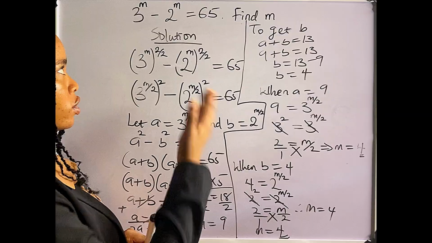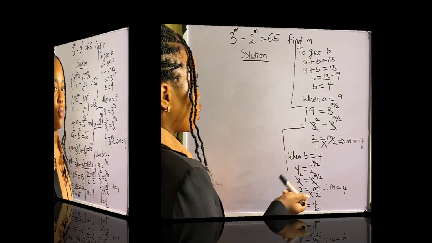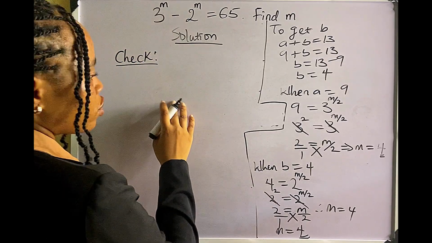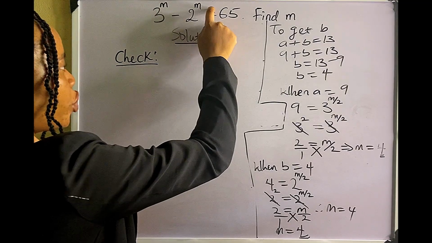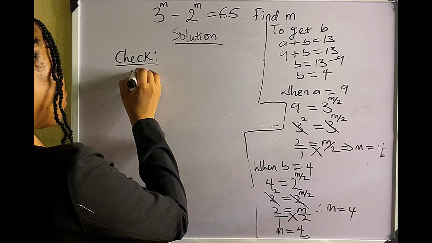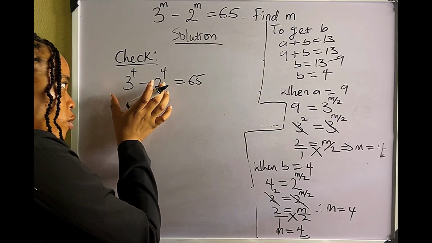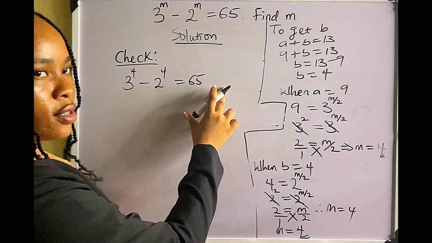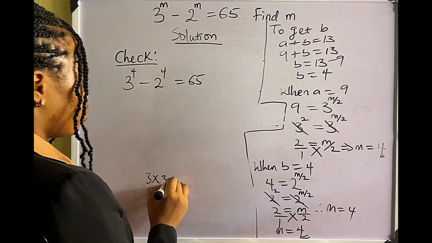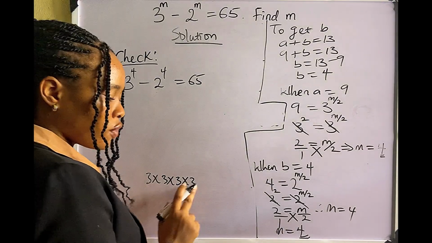Now we can also check this. So let's put it back into the equation and check our results. Anywhere we see m in the equation, we replace it with 4. So we have 3 raised to the power of 4 minus 2 raised to the power of 4 equals 65. So let's see if what we have here equals 65. 3 raised to the power of 4 is 3 times 3 times 3 times 3. 3 times 3 is 9, 9 times 3 is 27, 27 times 3 is 81.